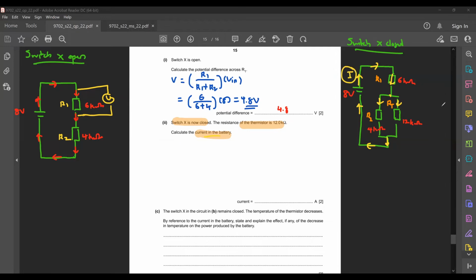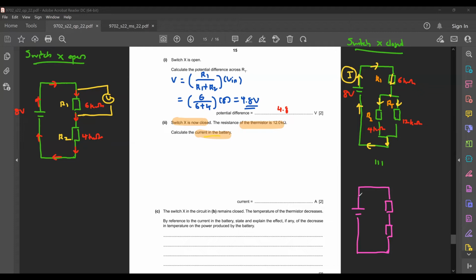To make your life easier, it will be easier to draw an equivalent circuit. You simplify the parallel connection right over here. You will get something like this. Try to simplify the parallel connection, and you should be able to get your current.